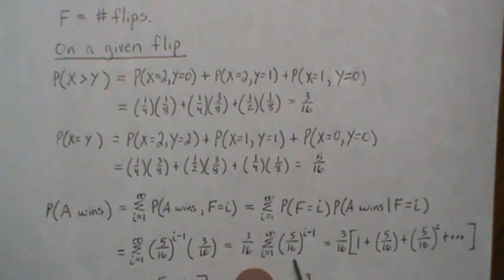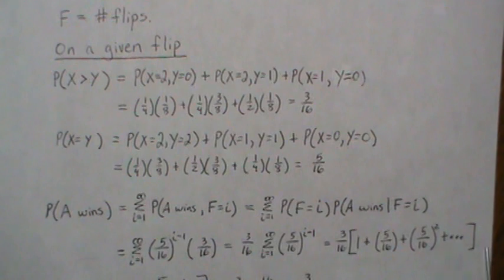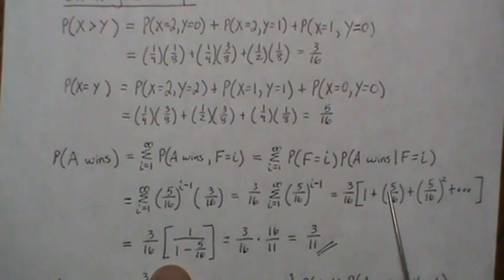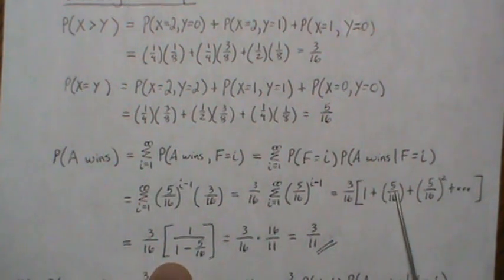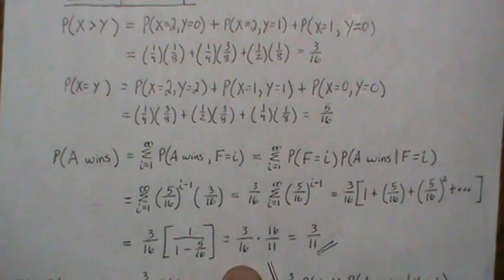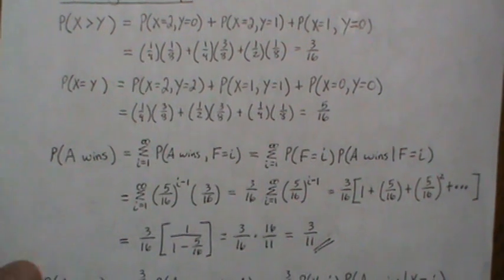And if we write these terms out, we get this: 1 plus 5/16, plus 5/16 squared, etc. So this is a geometric series, and this is less than 1, so it converges to 1 over 1 minus 5/16. You do the math, and the probability that A wins is 3/11.